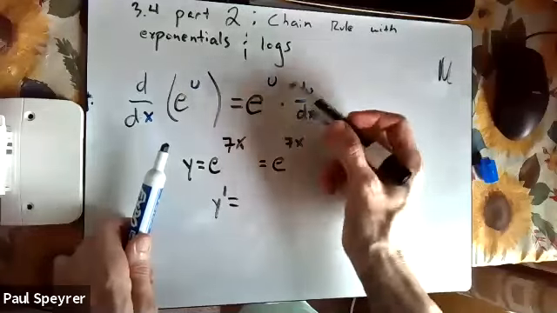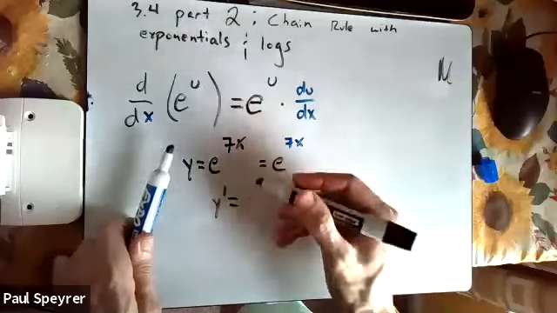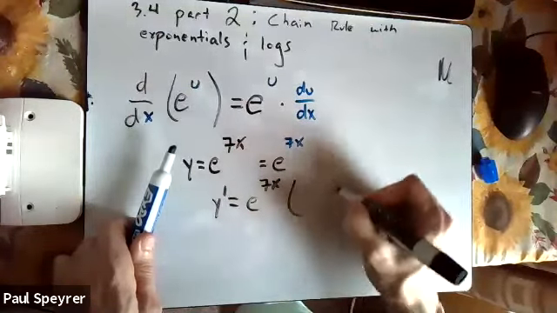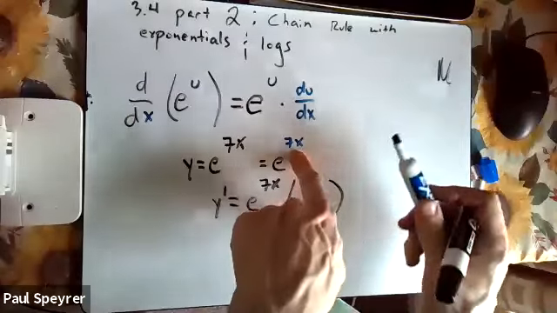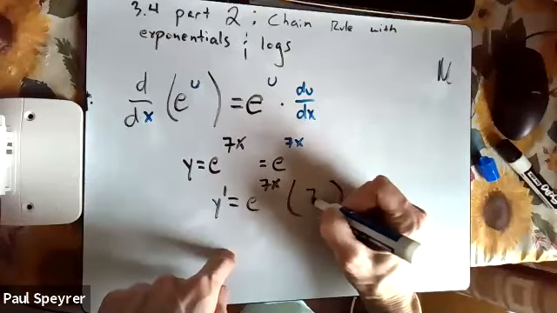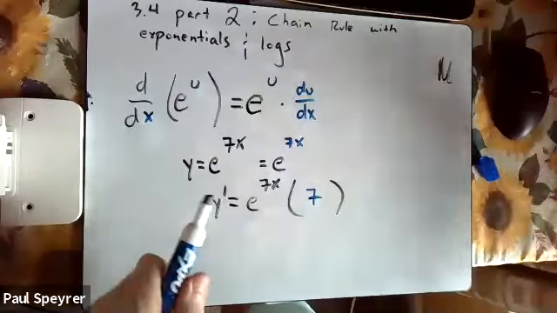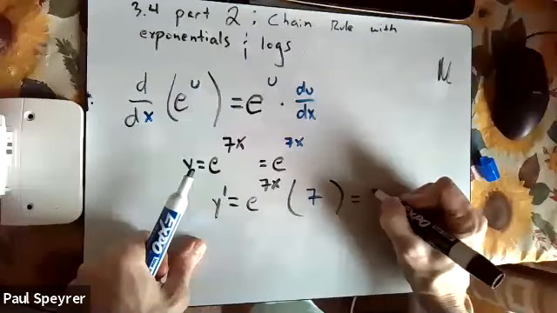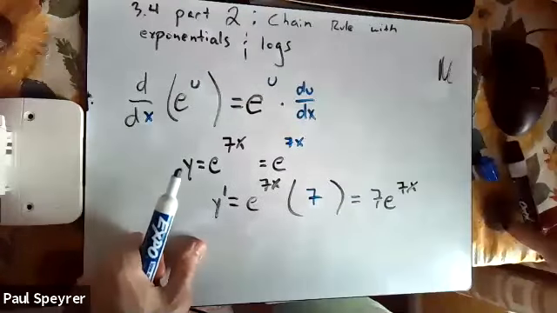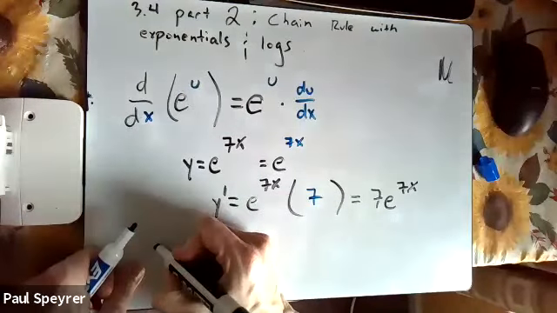If I copy that, what is e to the u? That's the original problem when we haven't done anything to it. So it's still e to the 7x, and then times the derivative of the blue stuff. What's the derivative of 7x? Just 7. Notice we dropped it down to the base level. So your derivative is just 7 e to the 7x. And it doesn't matter how crazy the exponent is, okay?